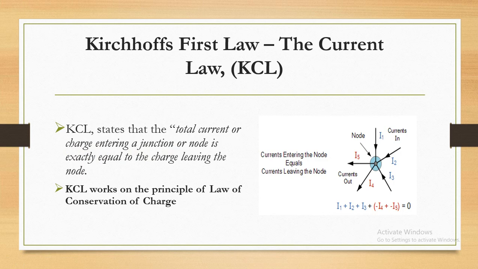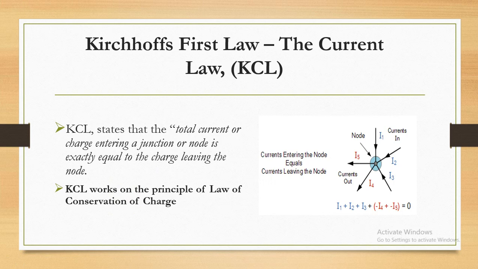We can also state this KCL in other words: currents entering into the node are equal to the currents leaving from that node. And this KCL works on the principle of the law of conservation of charge. How much charge is generated must be utilized. In the same manner, this law is working.